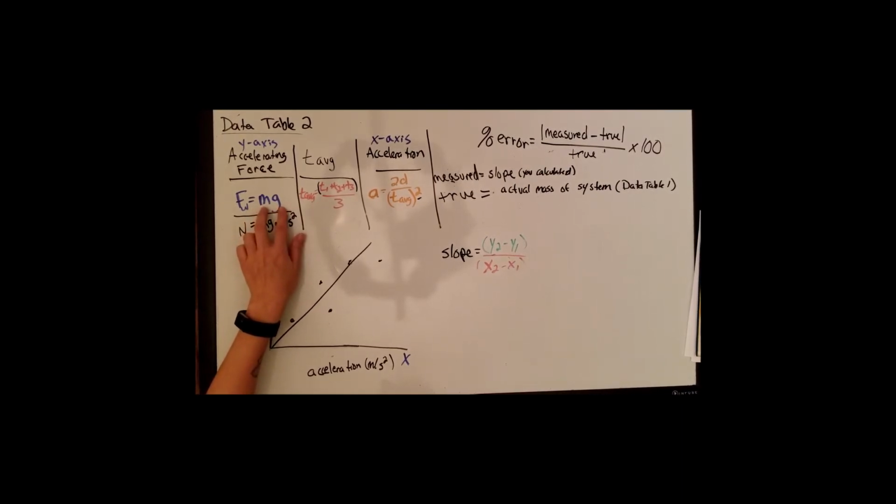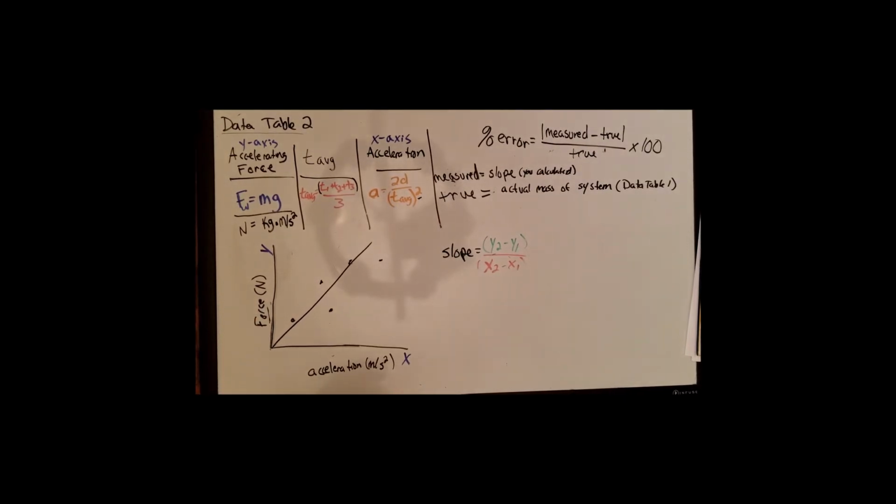By multiplying those two, you're calculating the force that was being used to make that glider move across the air track. You're going to use this equation for each of the 5 trials and fill in. Since every trial had a different mass, every accelerating force should have a different value as well.